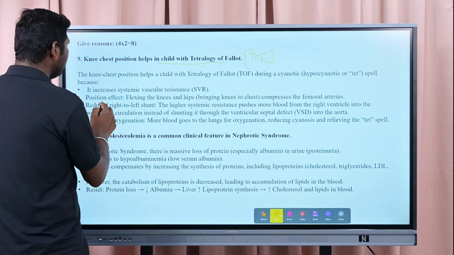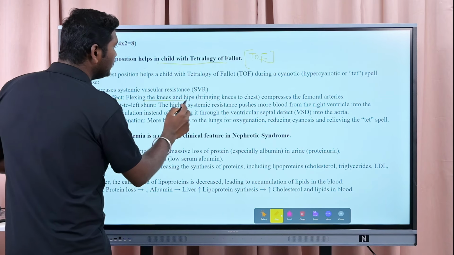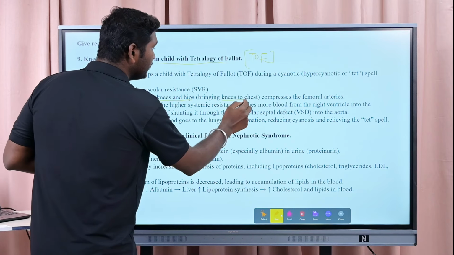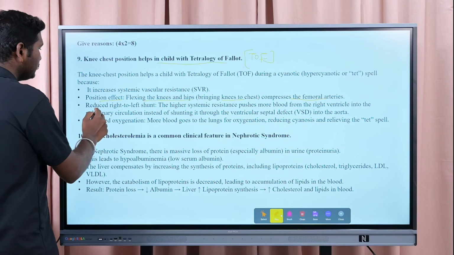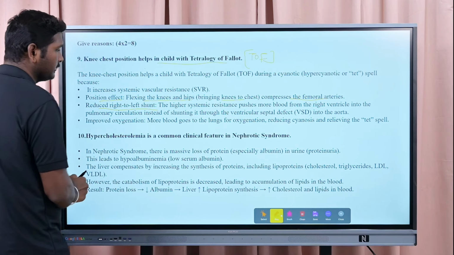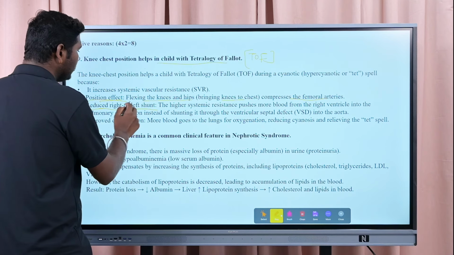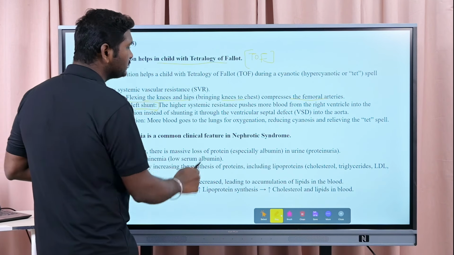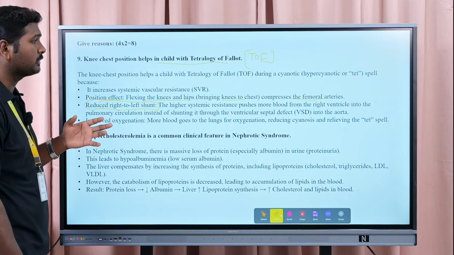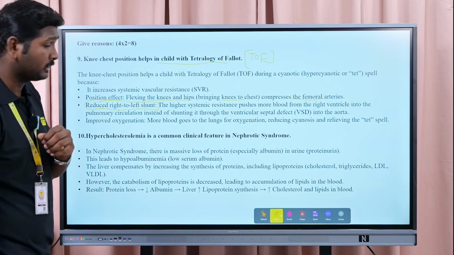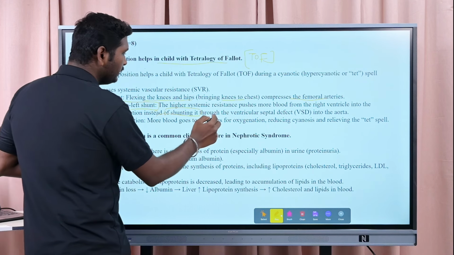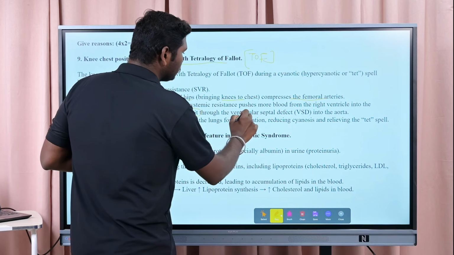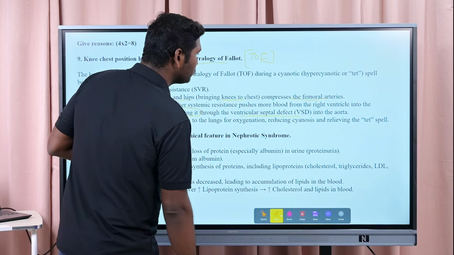Because of the position effect: flexing the knees and hips, bringing the knees to the chest, compresses the femoral arteries. Because of this, there is a reduced right to left shunt, where the higher systemic resistance pushes more blood from the right ventricle into the pulmonary circulation directly, instead of shunting it through the ventricular septal defect into the aorta.